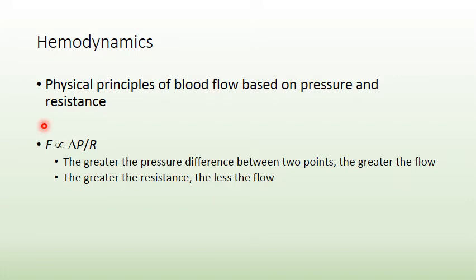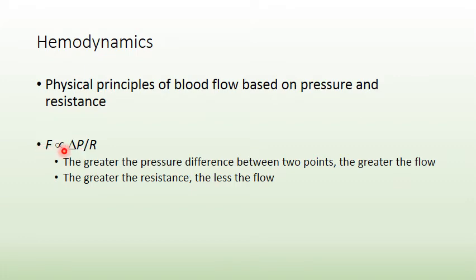On the other hand, if our resistance variable is high, so if something is pushing against that blood flow, is preventing the blood flow from happening, then we're going to get high resistance and the flow is going to be reduced. Okay, so let's look at this equation again. Flow is going to be proportionate to change in pressure over resistance.